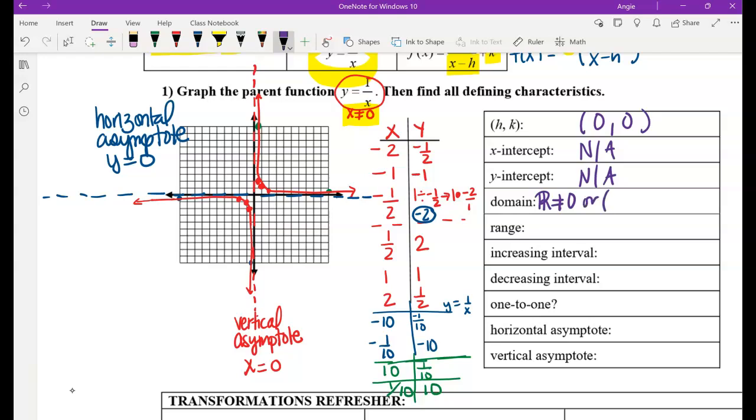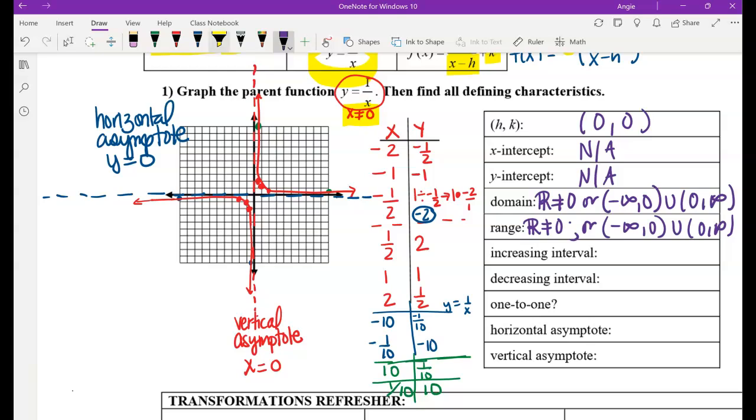Now, you also need to know how to write it in interval notation: negative infinity to 0, union 0 to infinity. Your range is very similar. It's going to be all real numbers except 0. But also write it the same way. We are going to write it negative infinity to 0 union 0 to infinity.